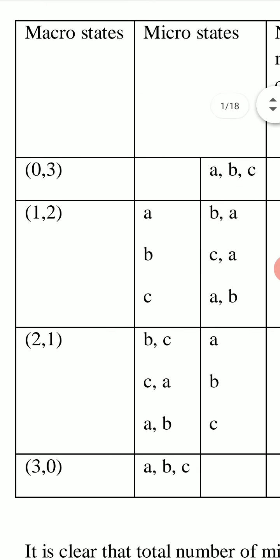So these are the 2 columns. First column shows macrostates, 4 macrostates when 3 particles are distributed in 2 similar boxes. And corresponding to these 4 macrostates, we write their corresponding microstates. Number of microstates corresponding to macrostate 0, 3 is 1. Number of microstates corresponding to macrostate 1, 2 is 3, and so on.